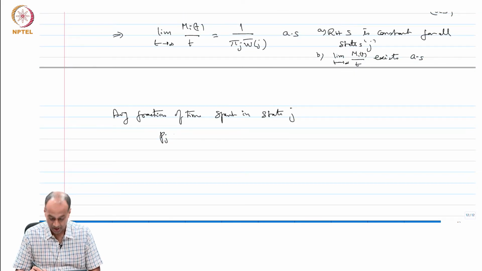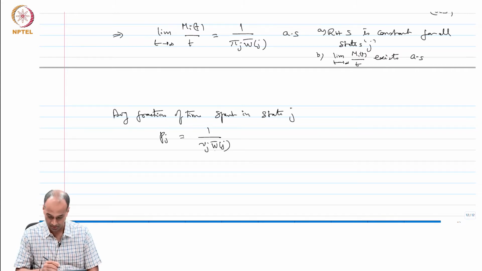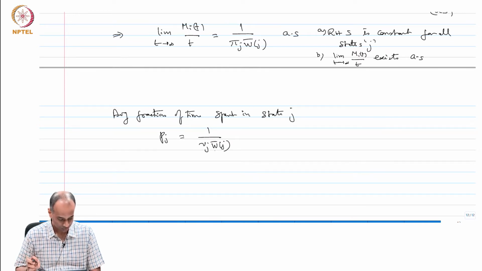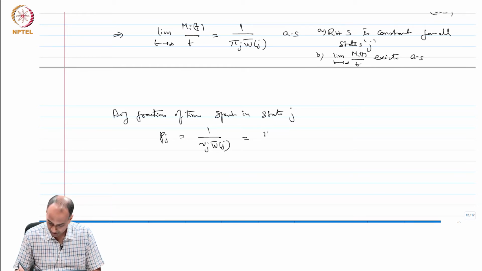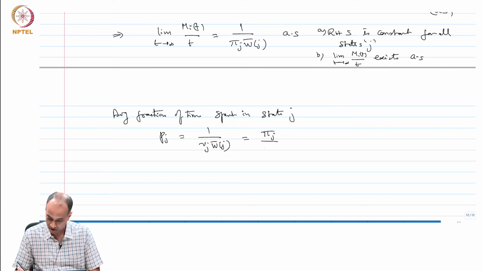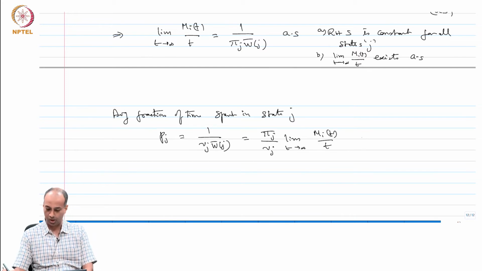Pj, which we are just calling Pj, is equal to 1 over nu j w bar of j, which is equal to pi j over nu j times the limit as t tends to infinity of mi of t over t, almost surely.